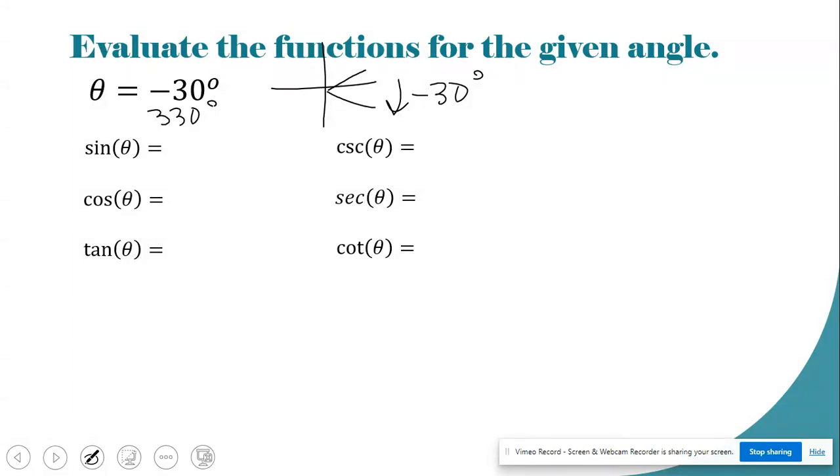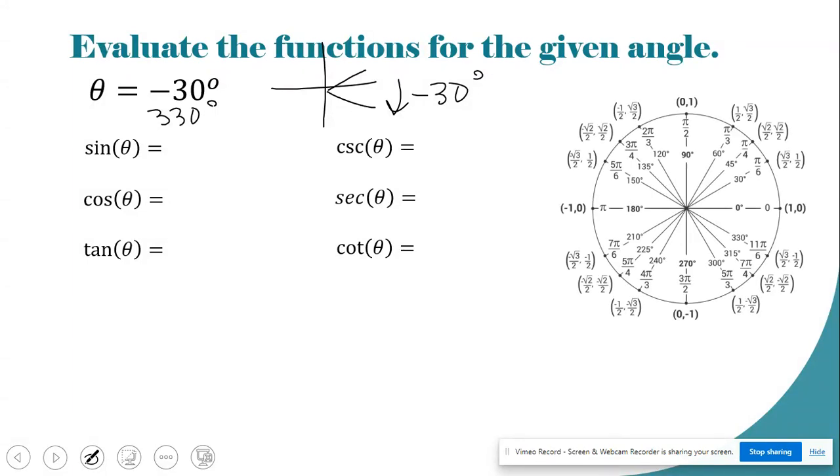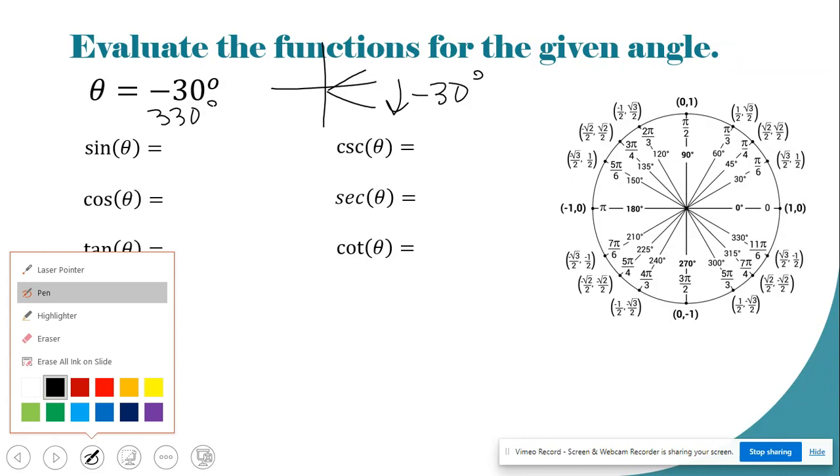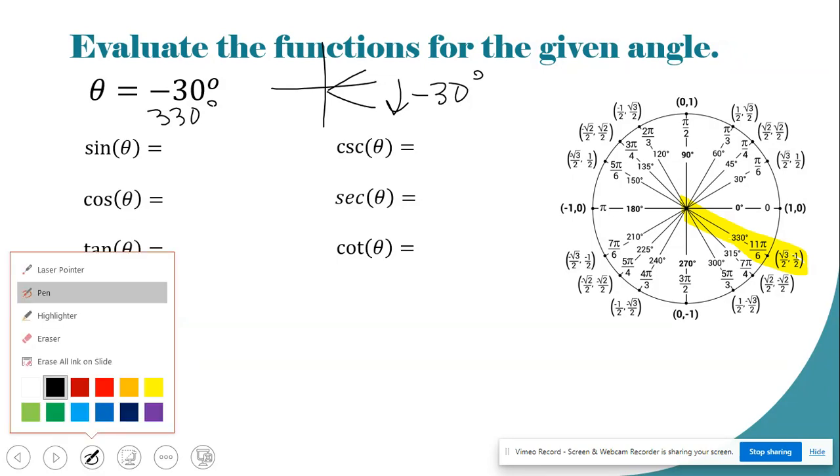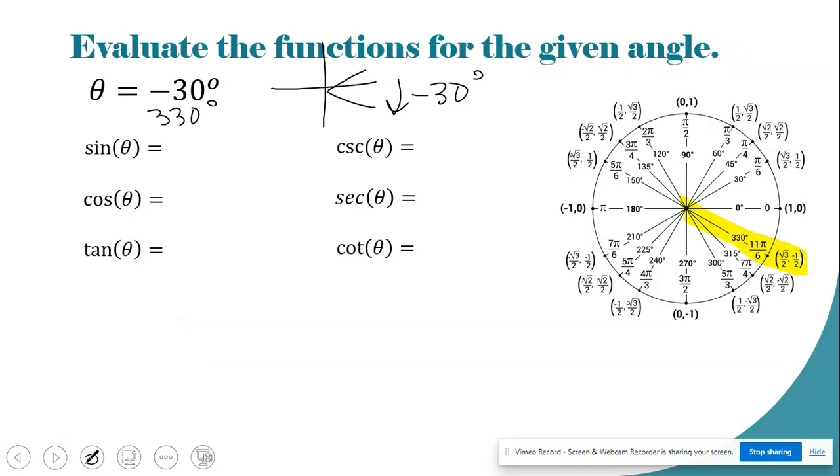That's going to be root 3 over 2, 1/2, but with the different signs. And if we look right here at 330, we've got all of this information. Sine, negative 1/2.